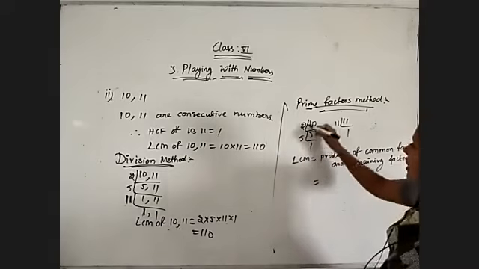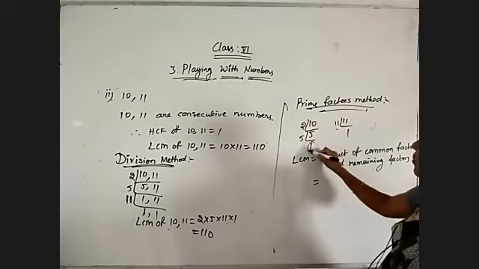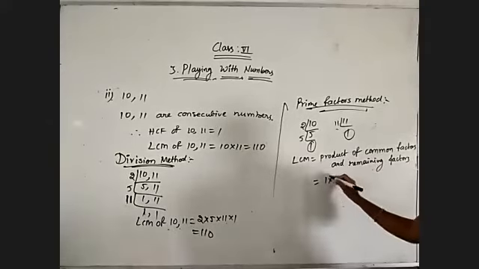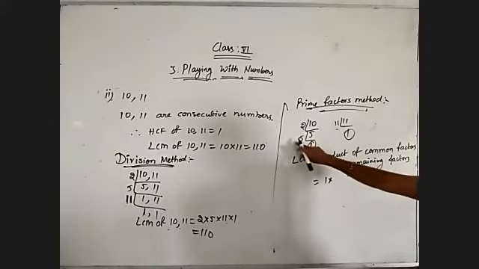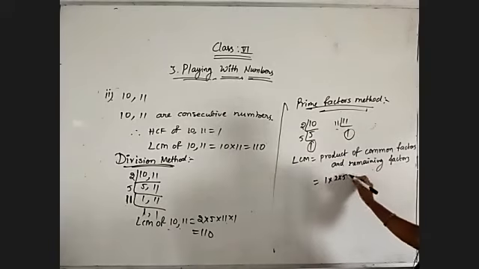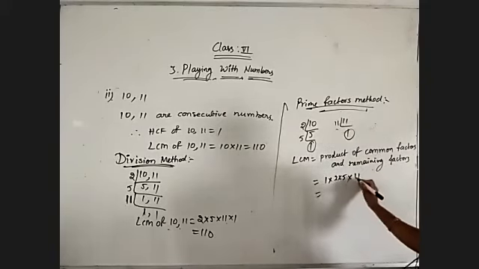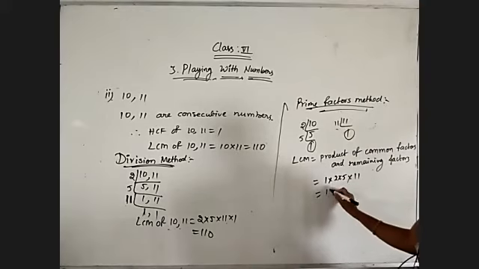So common factors, 2 not there, 5 not there, only 1 is common. So 1 into the remaining factors: in the first number it is 2 and 5, 2 into 5, and in the second number it is 11. So 2 fives are 10, 10 into 11 is 110, 110 into 1 is 110.